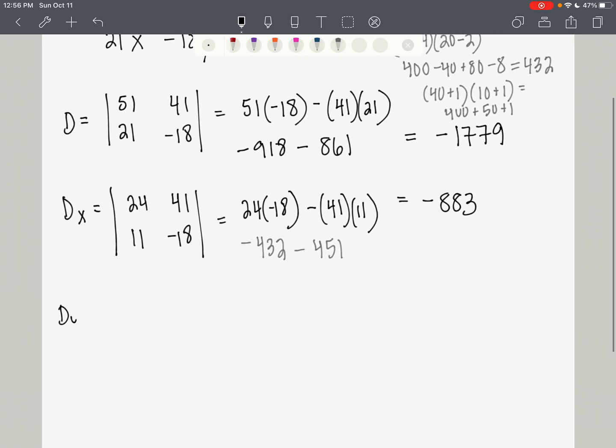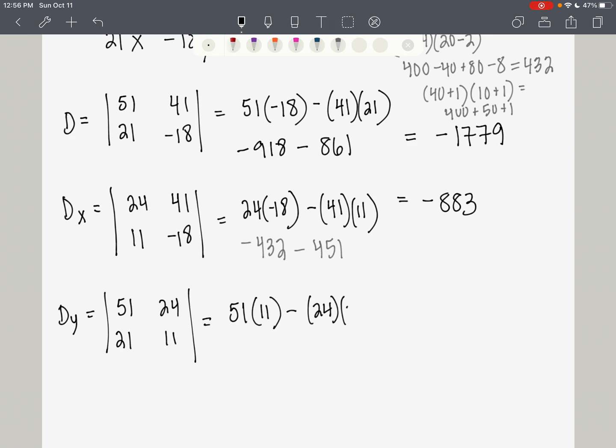And the determinant of y, the x coefficients stay, but this time y is replaced by the constants. 51 times 11 minus 24 times 21. So 51 times 11 is 500. The outer is 50, the inner is 10, so that's 61.